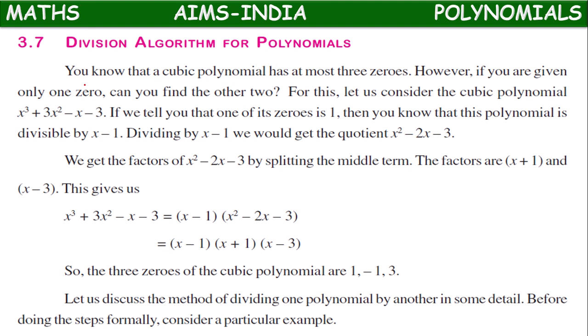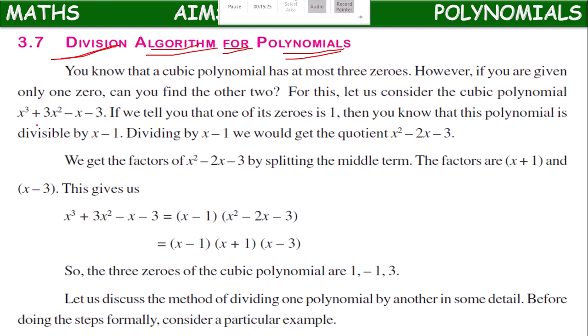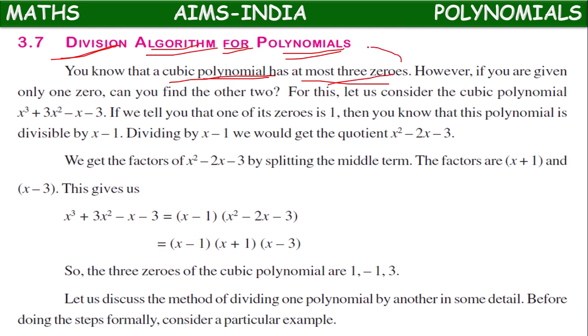Next one. Next concept, we have the division algorithm for polynomials. We know that a cubic polynomial has at most 3 zeros. It cannot contain more than 3 zeros.